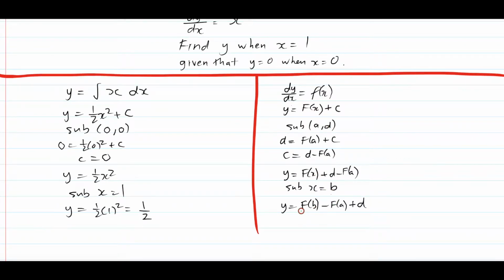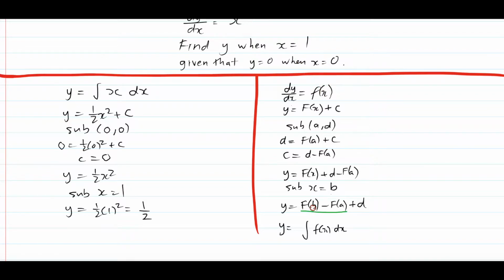If you look at this section right here, f(b) minus f(a), what you can actually realize is this is just the same as writing this. So y equals the antiderivative of f(x), where small f is the gradient that was given to us, the first derivative.